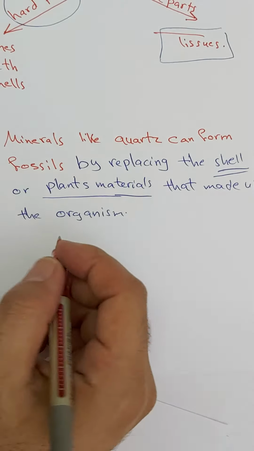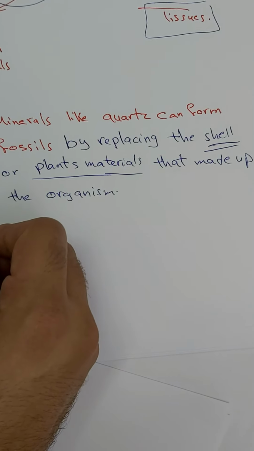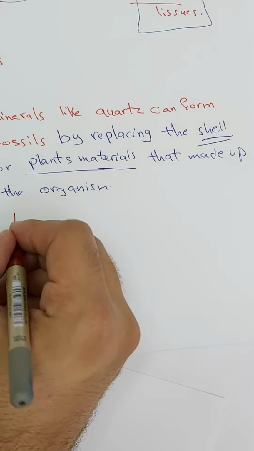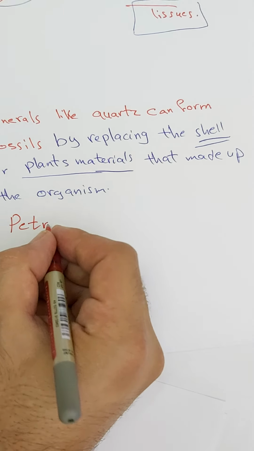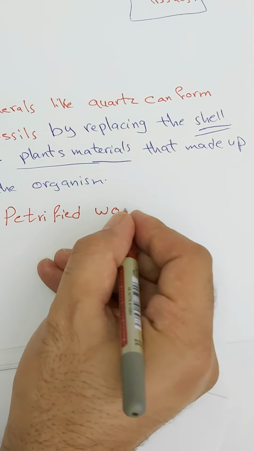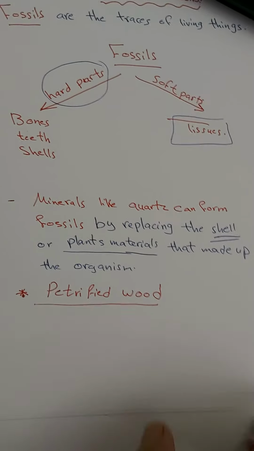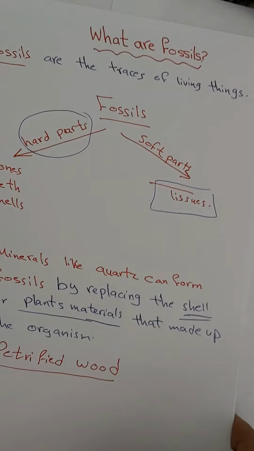Example about this: petrified wood. What is petrified wood? This wood is like rock, okay? This wood is not like natural wood, this is like rocks.